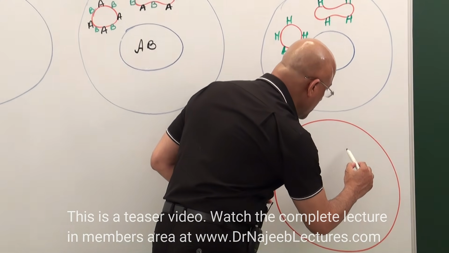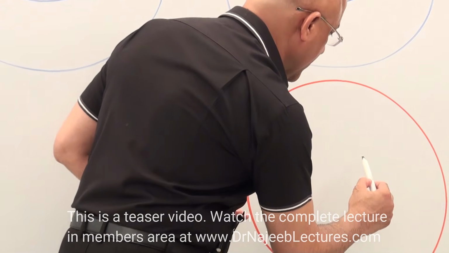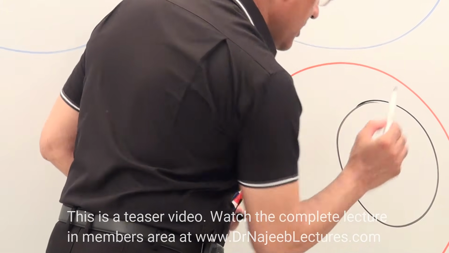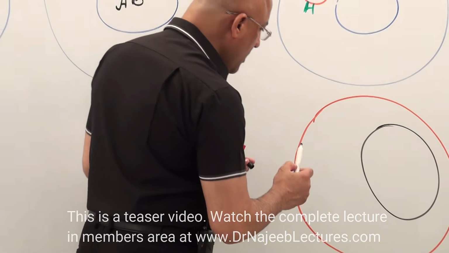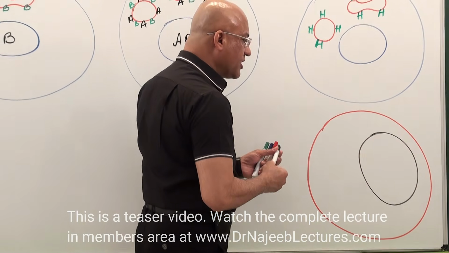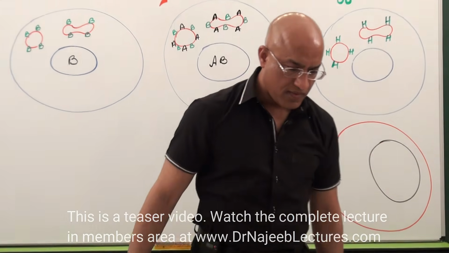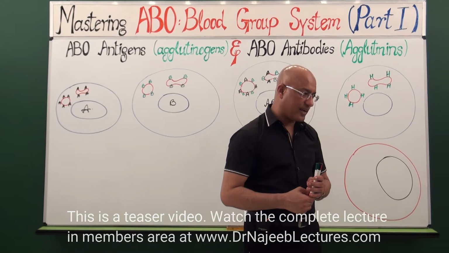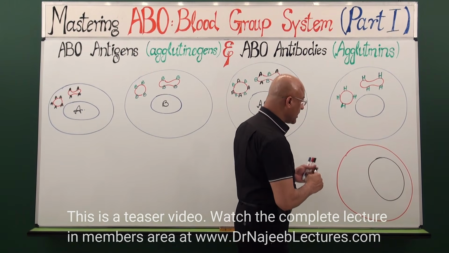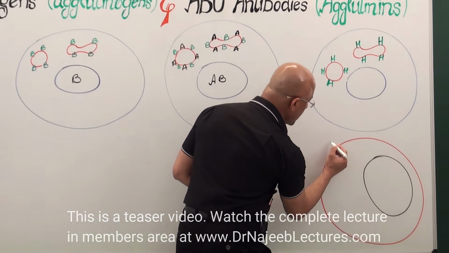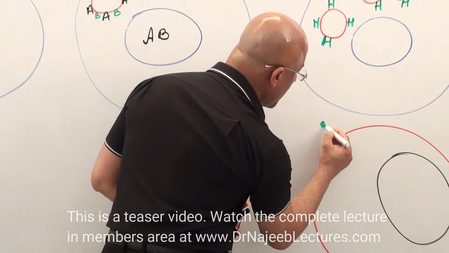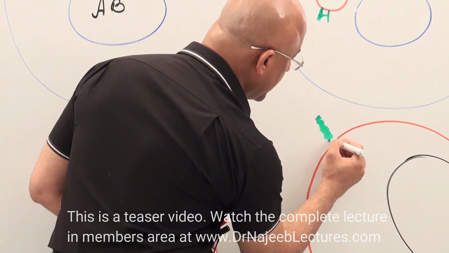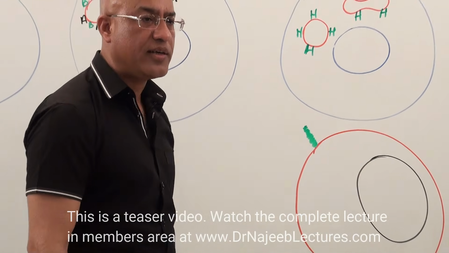Let's suppose here is your nucleus and there are different types of chromosomes there, right? Now, first of all, there is synthesis of oligosaccharides which are planted on the surface of cells. What is the meaning of oligosaccharide?